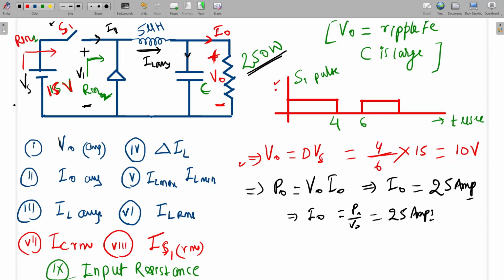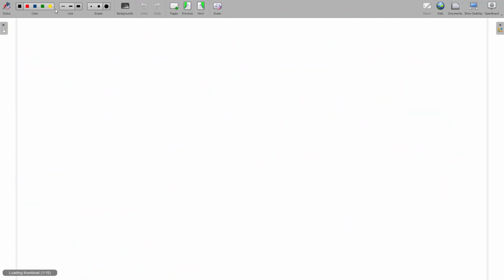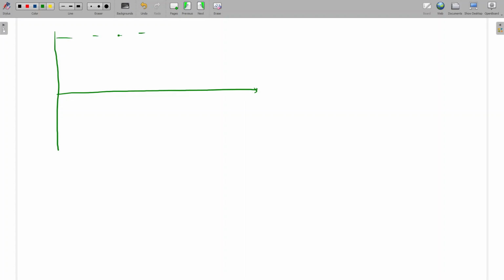It will be the same. See here, the average current in the capacitor is zero. So what will be the average current in the load? That will be the average current of the inductor. Inductor current will be a triangular waveform. Some maximum value will be there and some minimum value will be there.